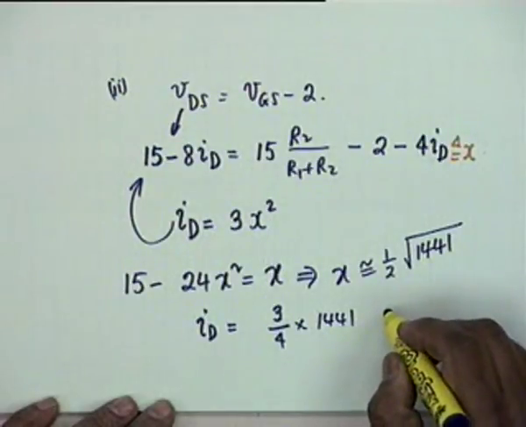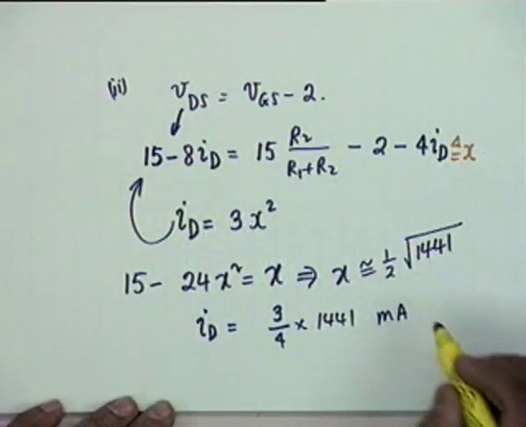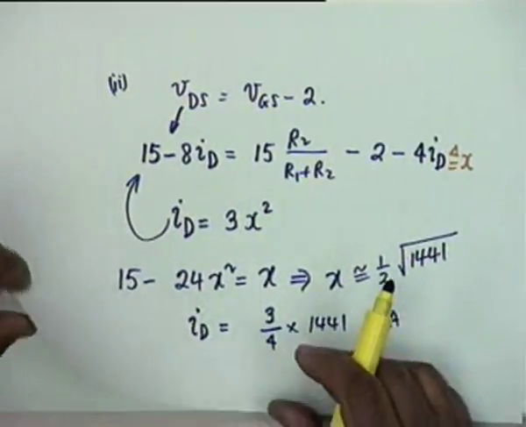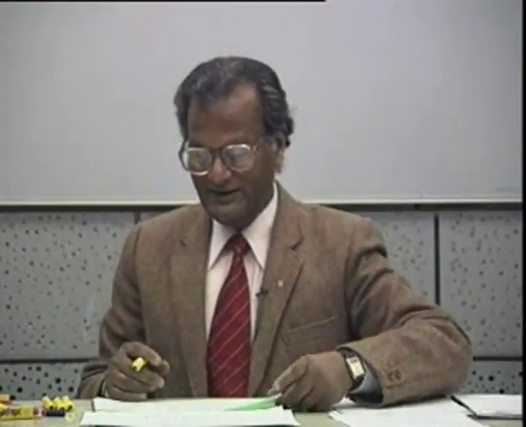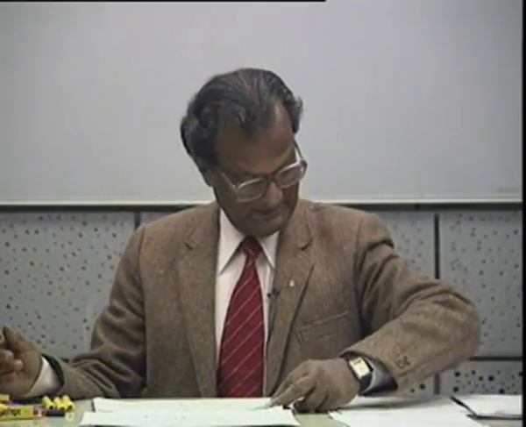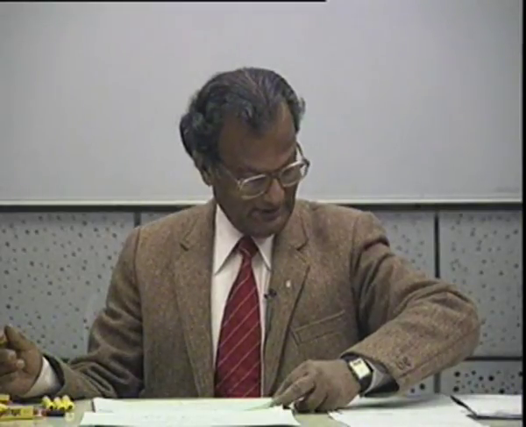So many milliamperes. And if you know ID, then... too large a value. This is the order of an ampere. Is that permitted? No, sir. Or I have made a mistake?